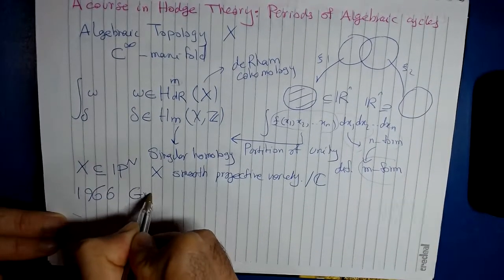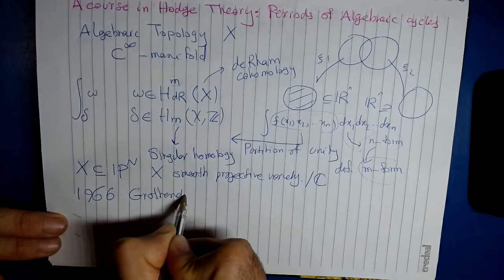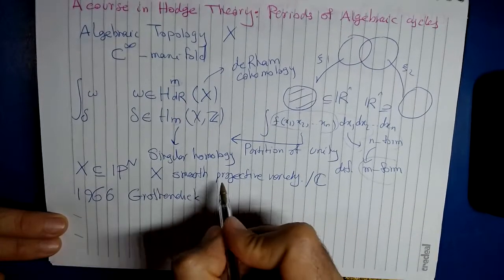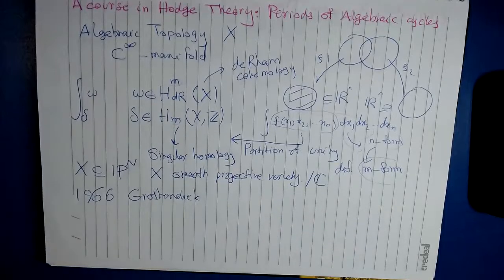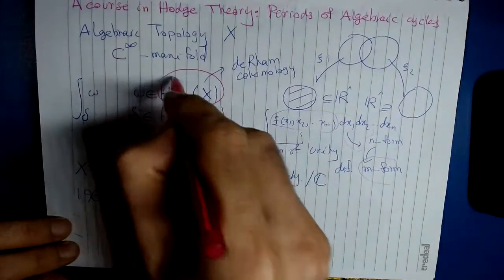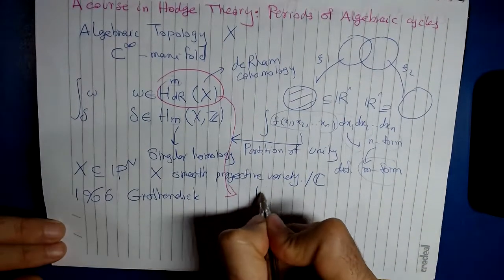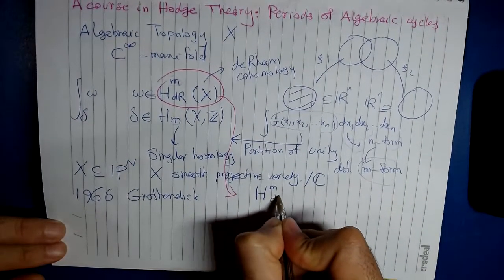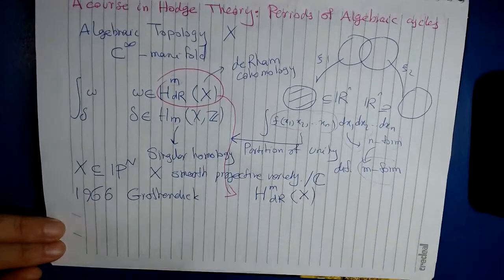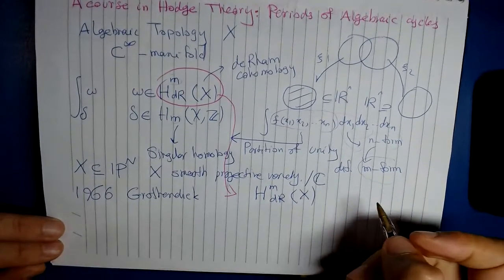Grothendieck observed that instead of de Rham cohomology, we can define something called algebraic de Rham cohomology, that in the course we will define.